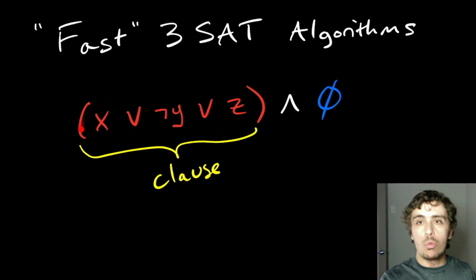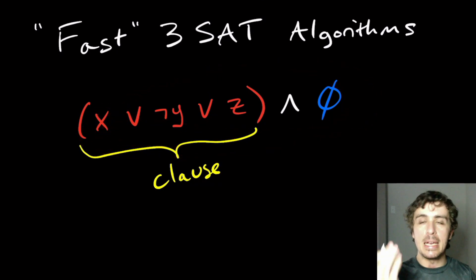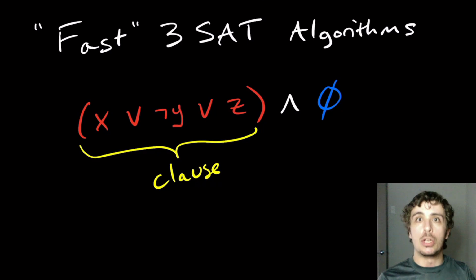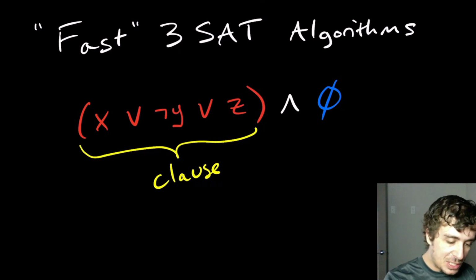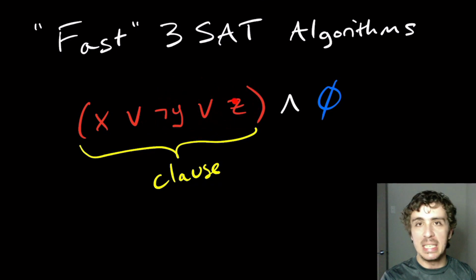What we want to do is to set the values of the variables of this whole formula to be either true or false, such that if we evaluate the whole formula, the result is true. So if I set, let's say, x to be true, then it doesn't matter what y is set to, or what z is set to.